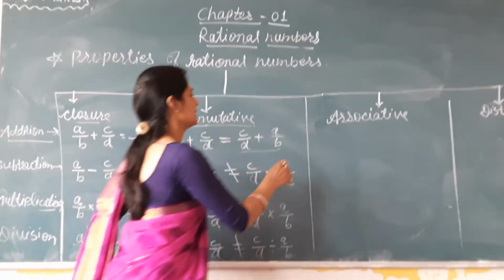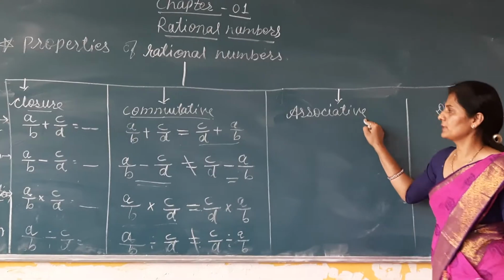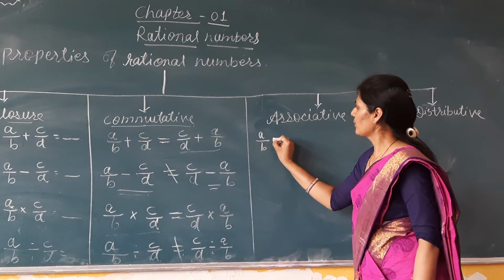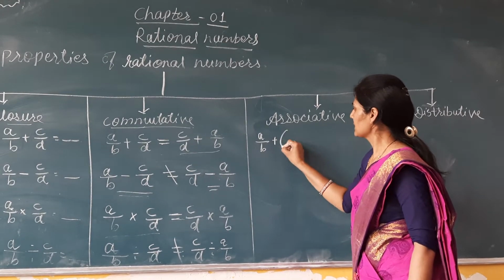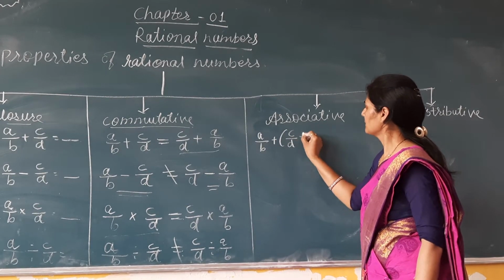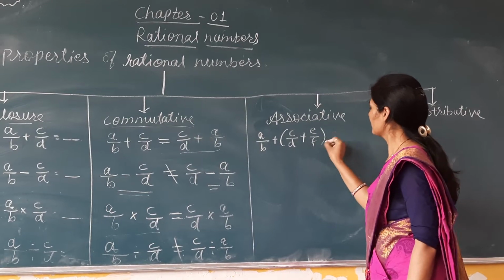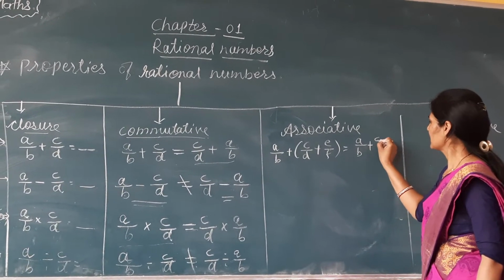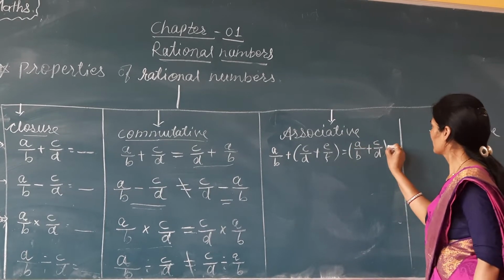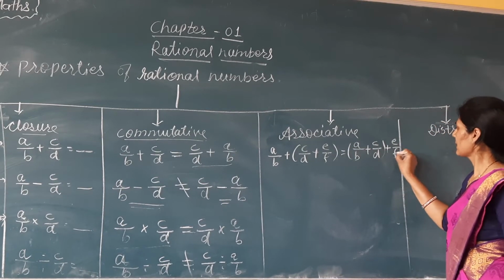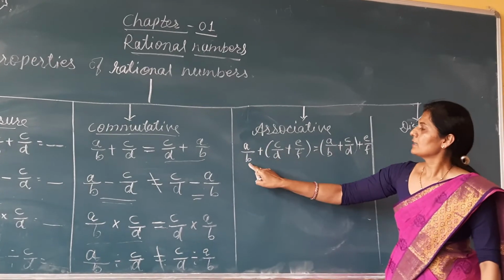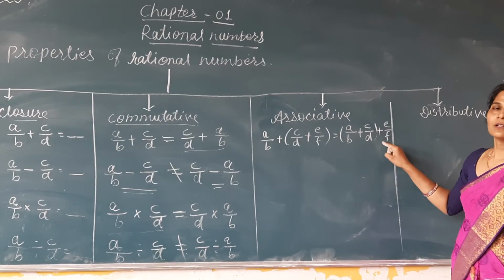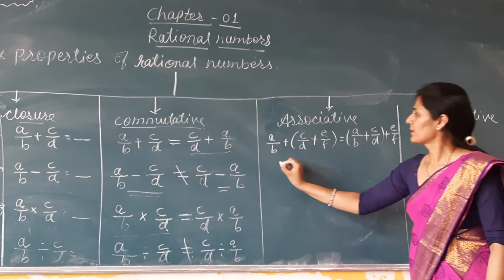Now next property is associative property. In this property we have A upon B plus C upon D plus E upon F is equal to A upon B plus C upon D plus E upon F, grouped differently. That means rational numbers are associative under addition.